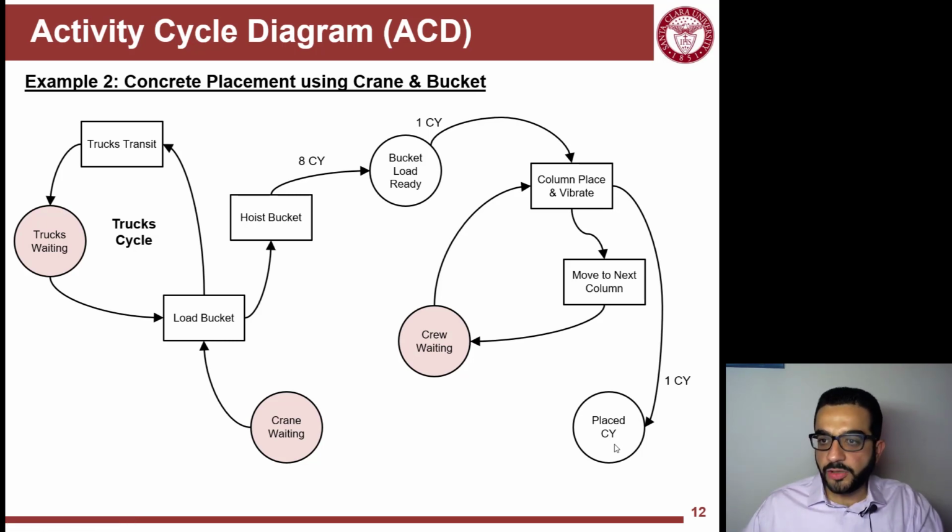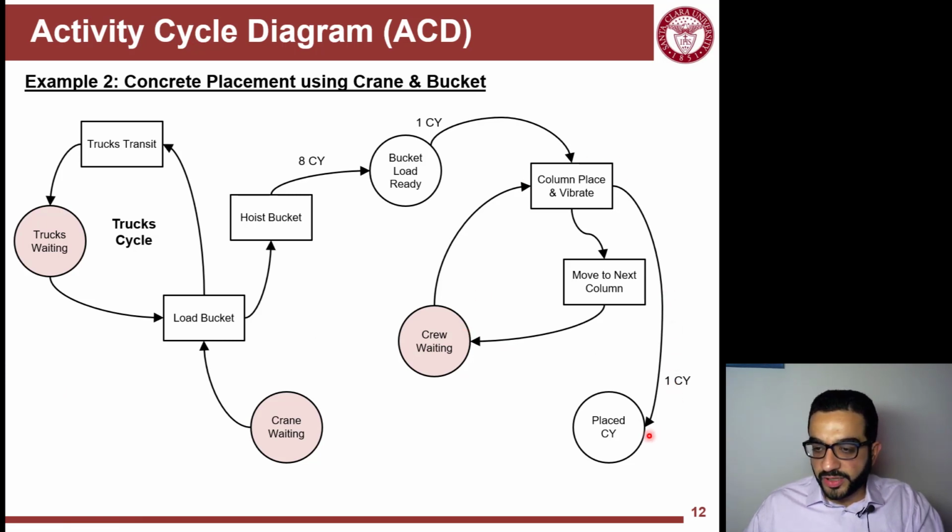You keep doing that: you start with 8 cubic yards, take 1 by 1, so you do 8 columns. Once you don't have anything left, the crew goes into the crew waiting area, or queue, and stays there waiting for the next bucket to come.